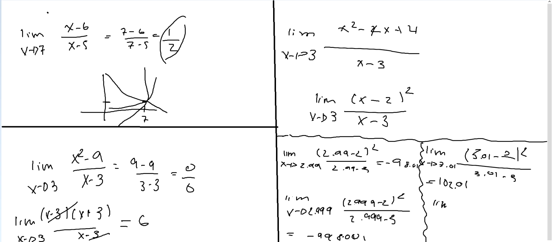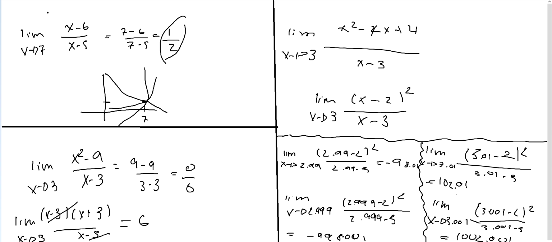And the limit as x approaches 3.001 is going to be 3.001 minus 2 squared over 3.001 minus 3, and that's going to equal 1002.001.